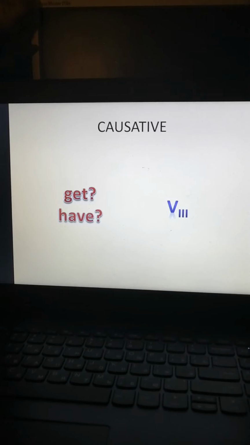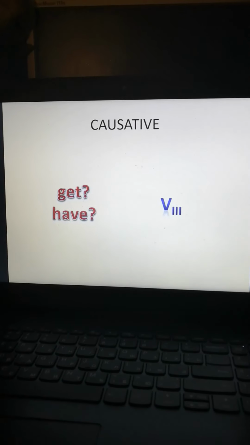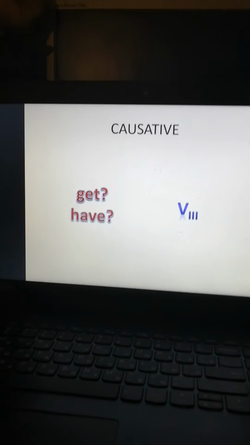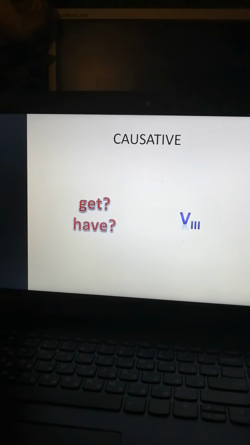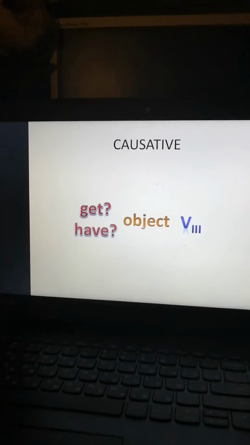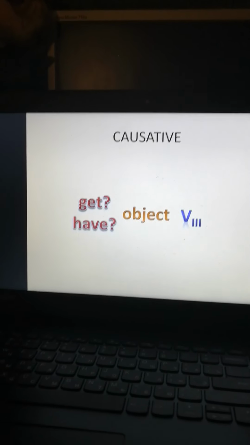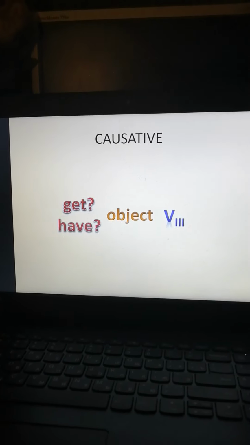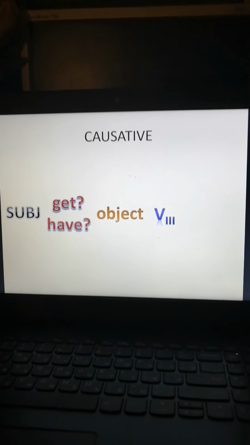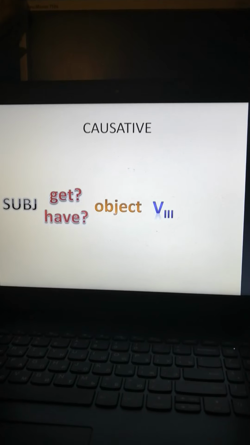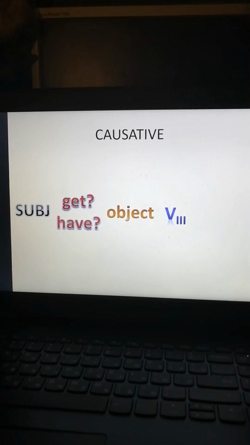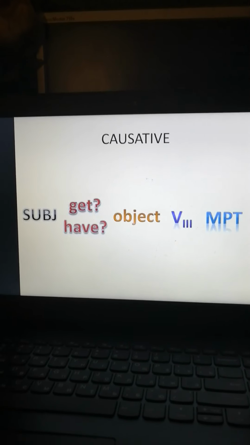But what is there between auxiliary verbs get and have and the main verb? What is there? Right, I hope you guessed. It's the object. Have or get something done. Now, what do we start the sentence with? Surely, as always, we start it with subject. And what do we finish it with? Definitely.